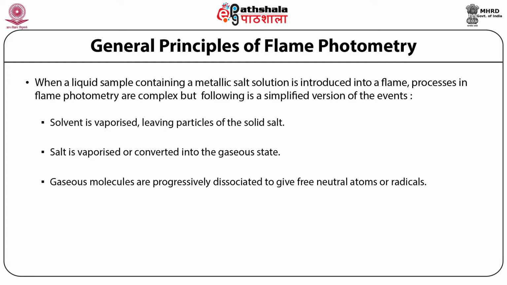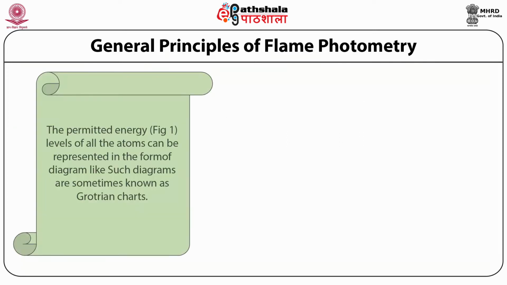The excited atoms, which are unstable, quickly emit photons and return to a lower energy state, eventually reaching the unexcited state. The measurement of the emitted photons, that is radiation, forms the basis of flame photometry. The permitted energy levels of an atom can be represented in the form of a diagram.